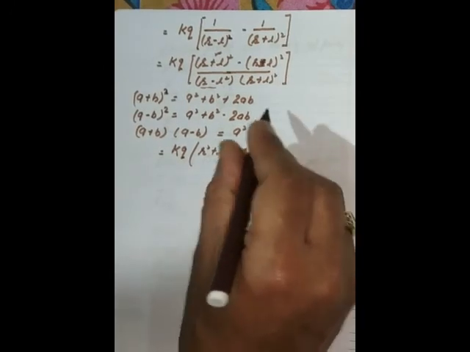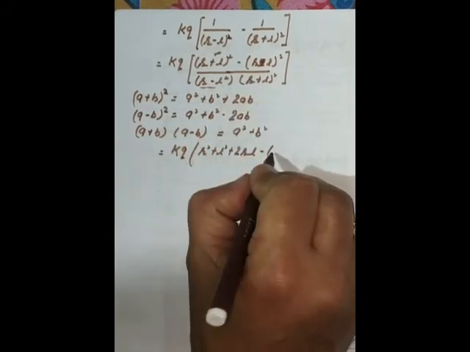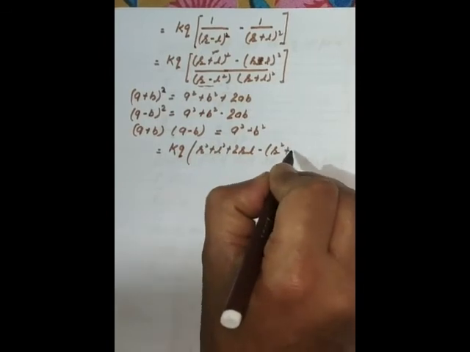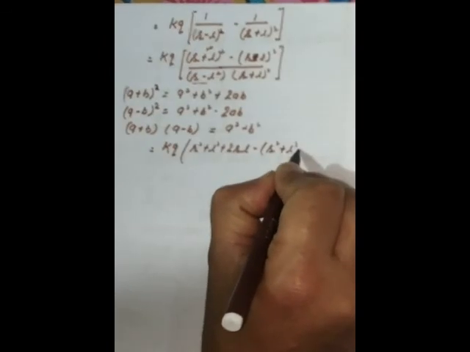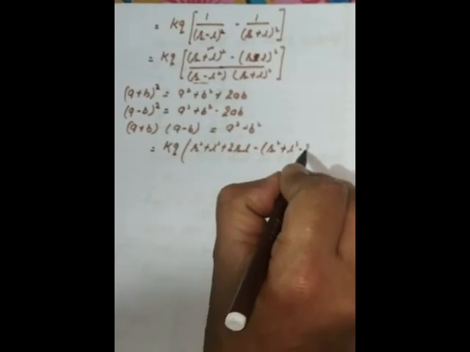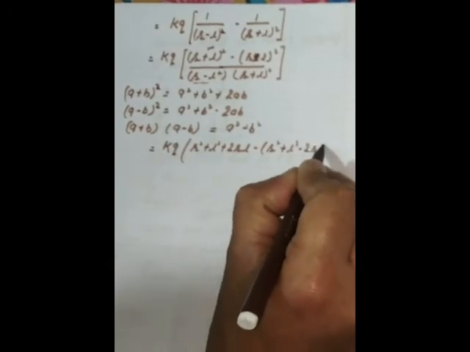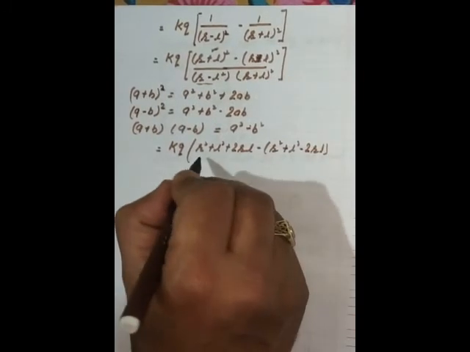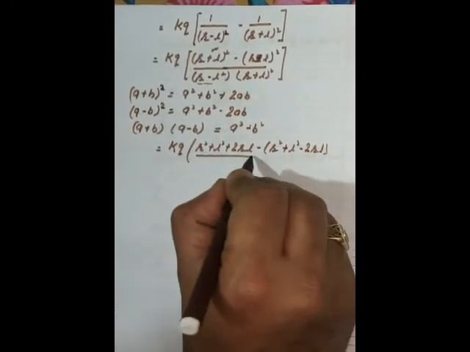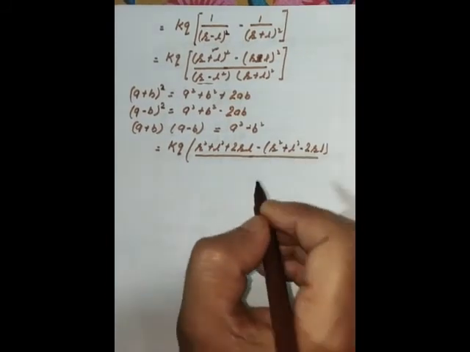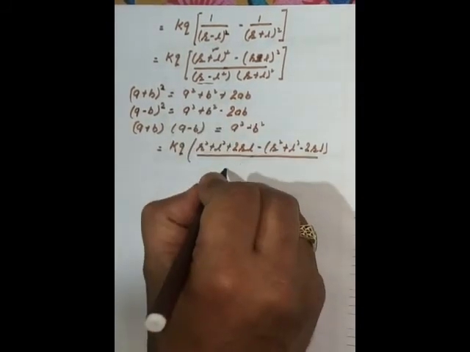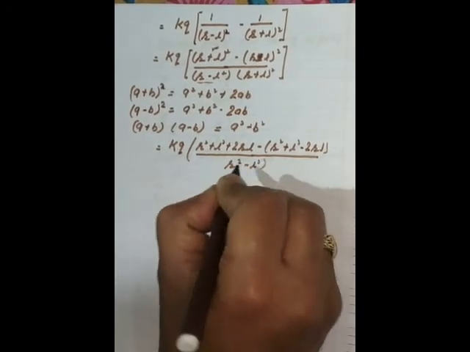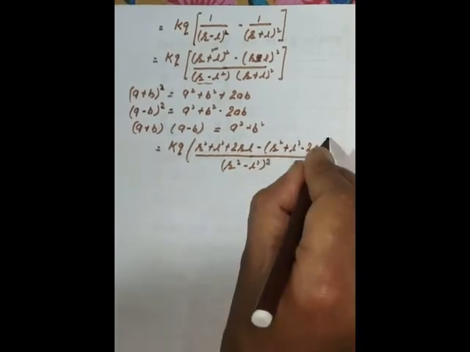Negative A square, R square plus L square minus 2RL upon R square minus L square whole square.